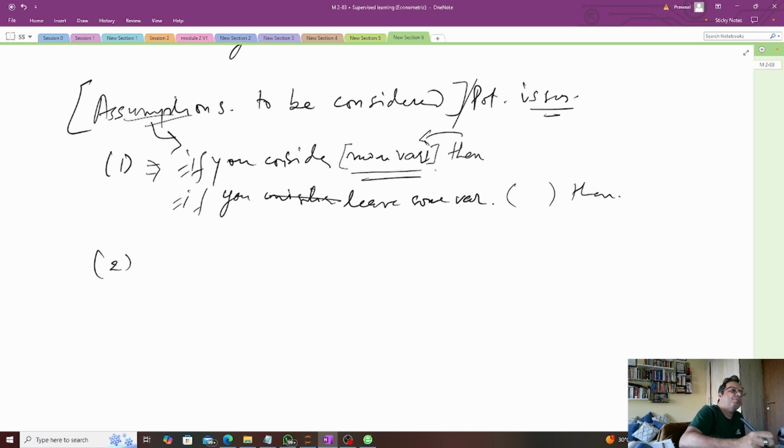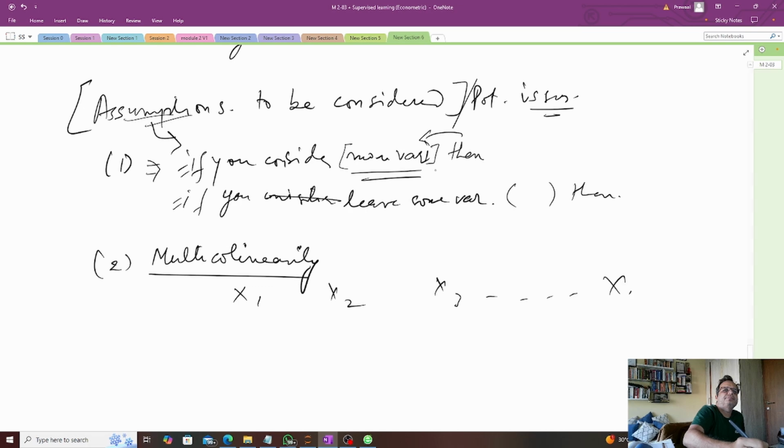The second problem or the assumption is called multicollinearity. So what happens in real time is that you have a set of features, x1, x2, x3, and so on up to xn, and you want to find out the value of your output variable y.